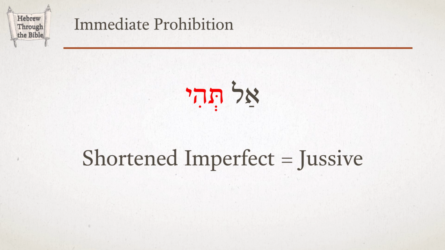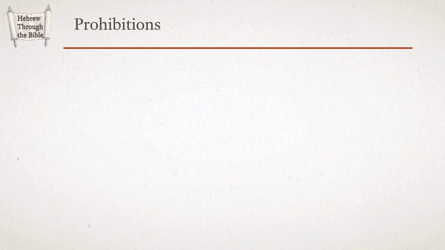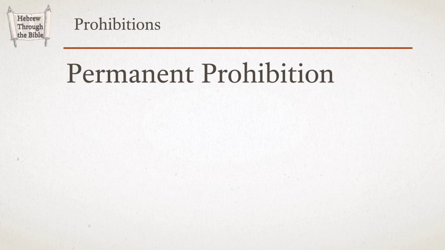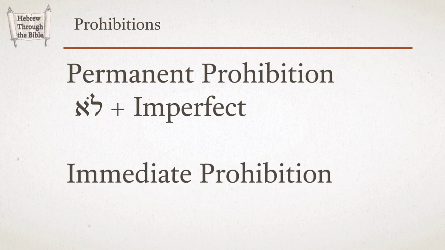It is this form that is used with the immediate prohibition. So in summary, here is the way that prohibitions are formed in Hebrew. The permanent prohibition uses the negative lo with a second person imperfect. The immediate prohibition uses the negative al with a second person jussive.